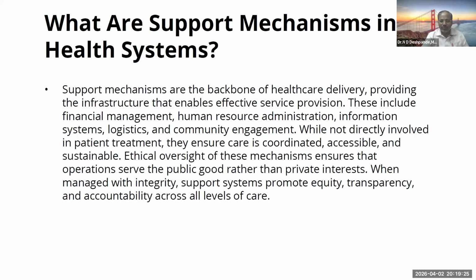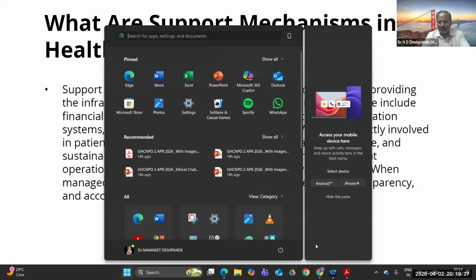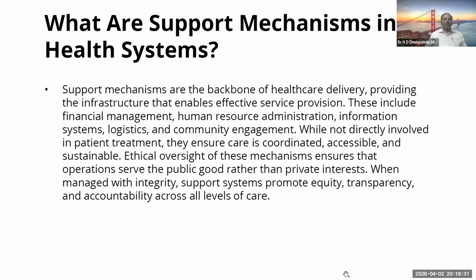Okay, so what are support mechanisms? We'll see a little bit. So support mechanisms are the backbone of healthcare delivery. Support mechanisms should have all the provisions. They should have financial management, human resource administration, information systems, logistics and supply chain management, community engagement, all coming under support mechanisms.